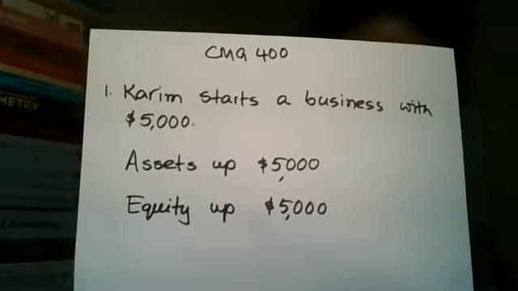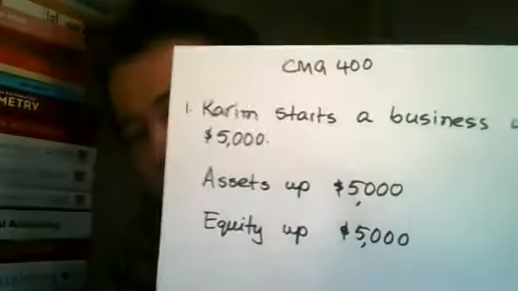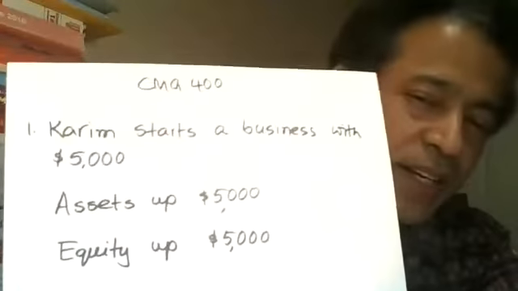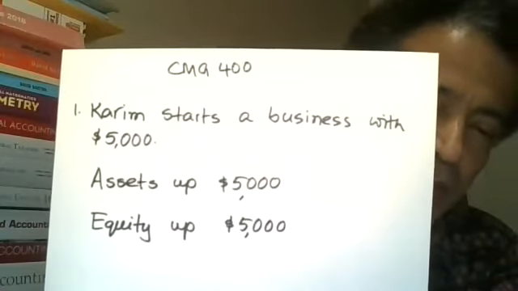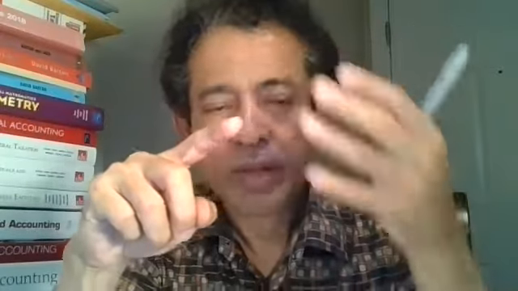I think it is recording it as inverted images, so I'm not sure if it would be a proper recording, but this is how we analyze. We have to analyze businesses, analyze transactions. Look at the effect in terms of changes in three things: changes in assets, liabilities, or owner's equity. So $5,000 of assets gone up and $5,000 of equity has gone up.